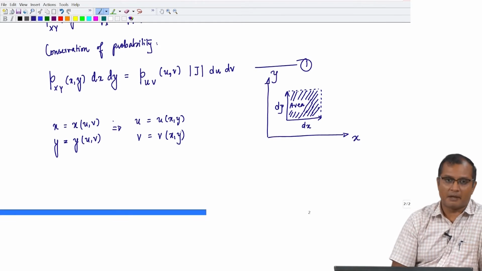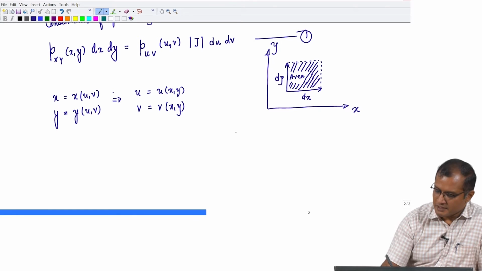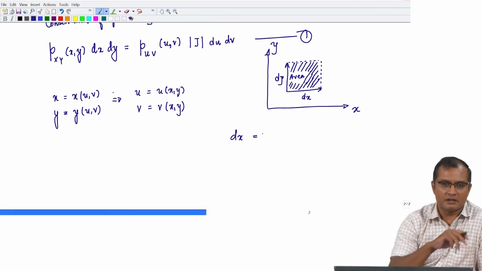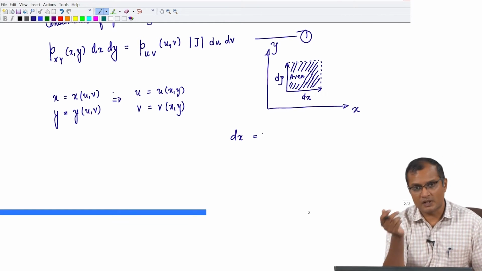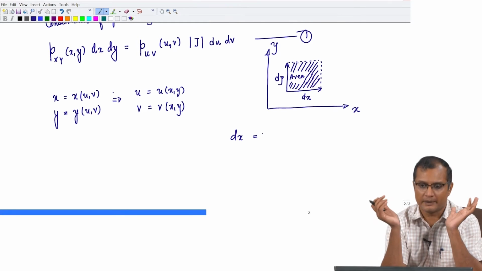So, you can invert this map and then say that since a displacement in x is affected by displacements in u and v, vice versa, you can say the displacement in u is affected by displacements in x and y.